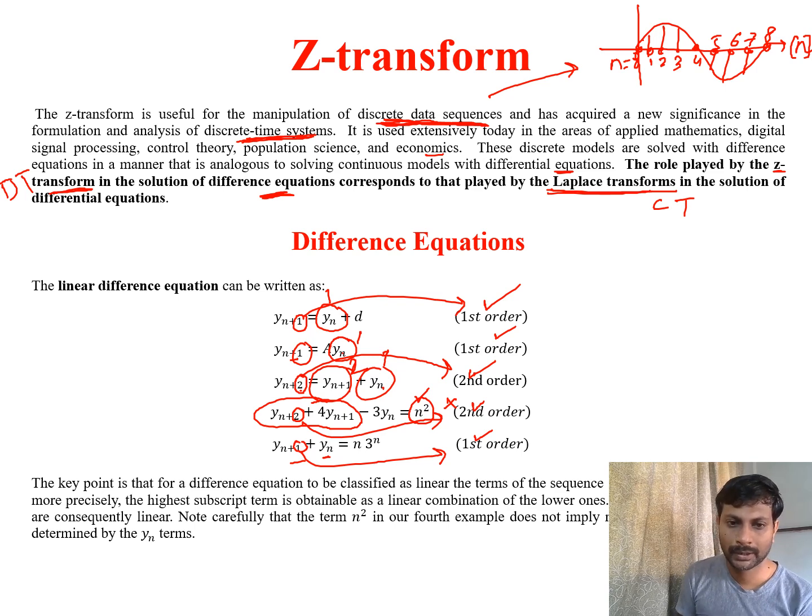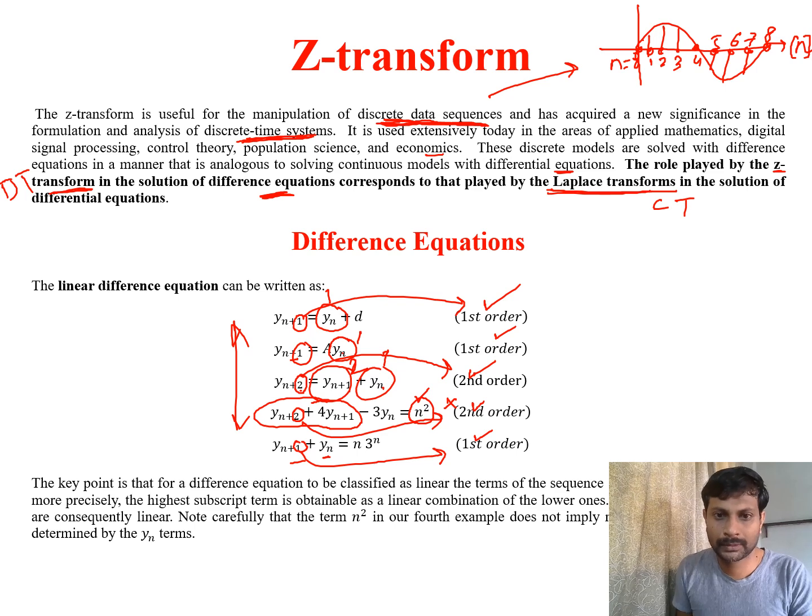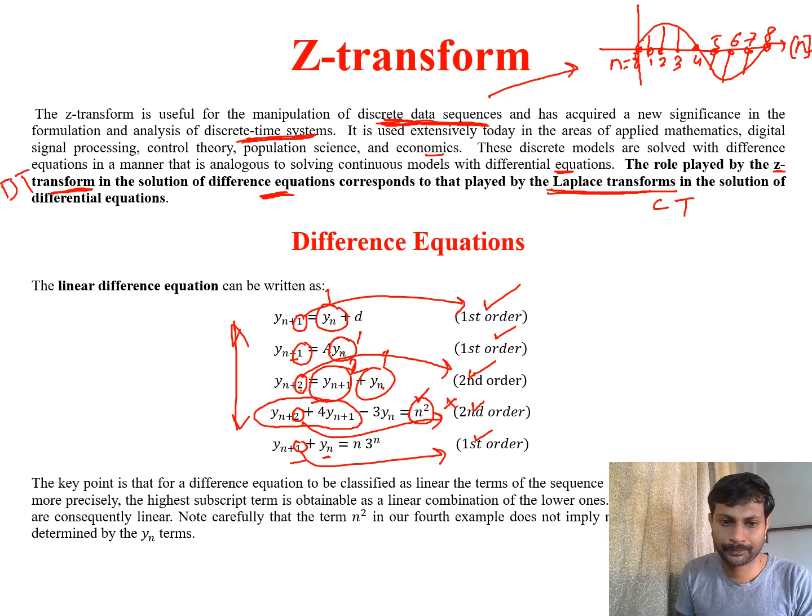The key point from this discussion is that for a difference equation to be classified as linear, the terms of the sequence y(n), as I already mentioned, y(n+1), y(n+2): n+2 means second order, n+1 means first order, arise only to the power 1, or more precisely, the highest subscript term is obtainable as a linear combination of lower ones.